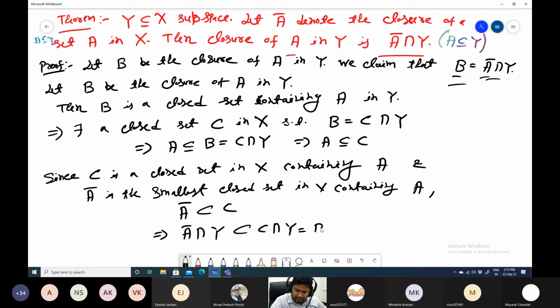That is B. So we have A closure intersection Y subset of B.